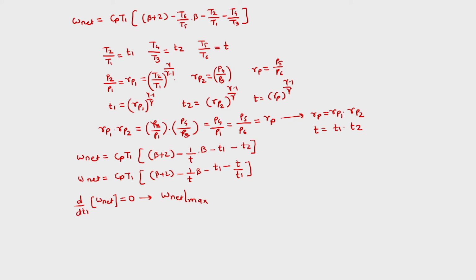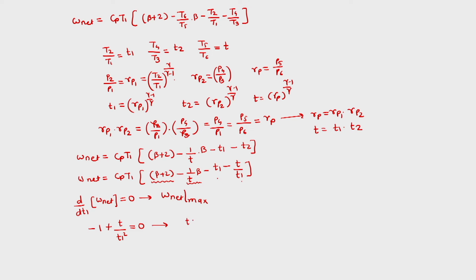We will get a constraint from this. Here again we have 4 terms, but in those 4 terms this term is constant and this term is also constant. So we need to differentiate only 2 terms. Differentiation of this term will give us minus 1, minus, this will give us plus T upon T1 square is equal to 0.